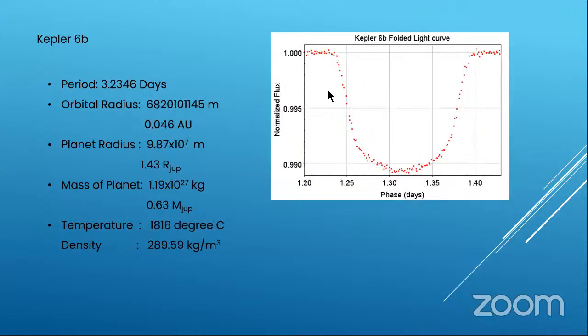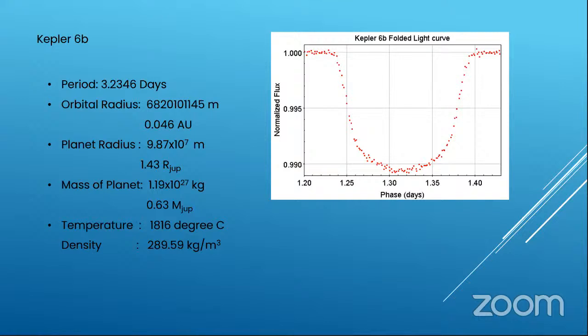So we go to the next one, Kepler 6b. Kepler 6b is a planet with a period of around 3.2346 days. Its orbital radius is 6820101145 meters, which is around 0.046 astronomical unit. The planet radius was 9.87 times 10 to the power 7 meters, which is around 1.43 times the radius of Jupiter.